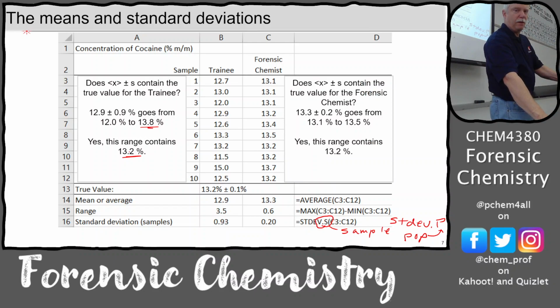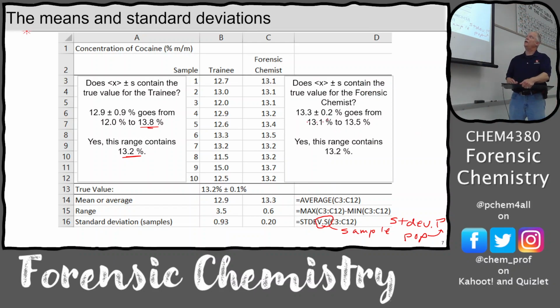Okay. What about the forensic chemist? Okay, so 13.3 plus or minus 0.2. Here's our standard deviation, 0.2. When you have a really small standard deviation like this, it allows you to be confident if you have bias or not.